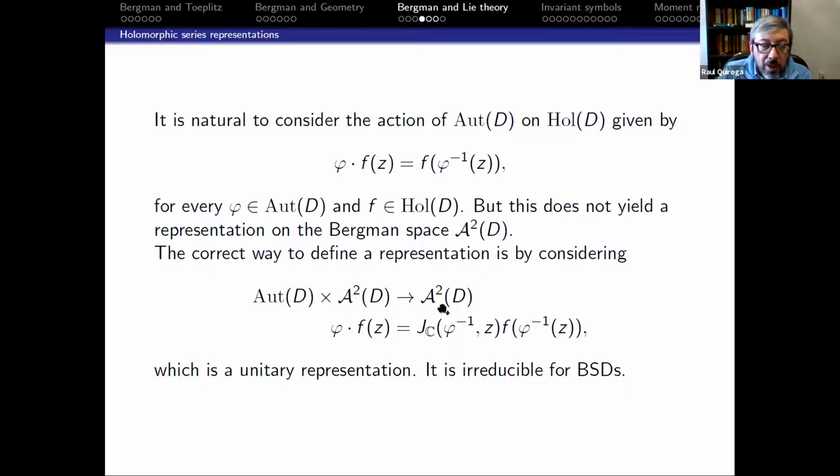So this is a unitary representation of the automorphism group on the Bergman space for any bounded domain. If you consider a bounded symmetric domain, this representation is irreducible. So there are no closed invariant subspaces. You pick one function, move it around by the automorphisms, take the closure of the linear span, and you get the whole Bergman space.